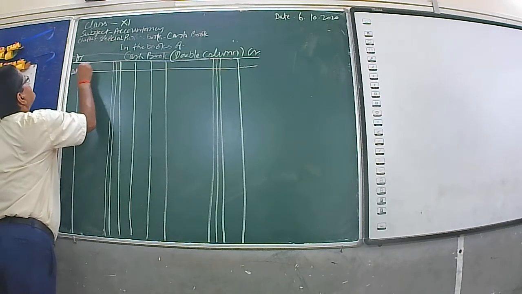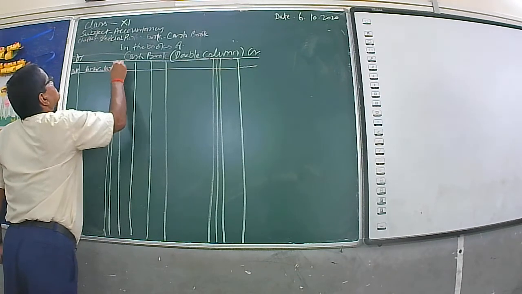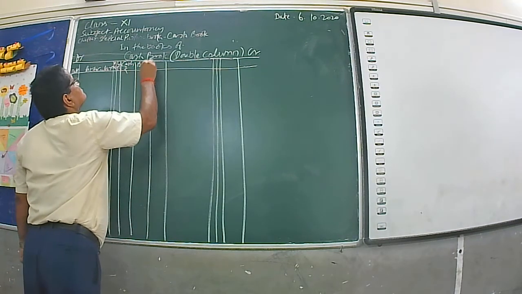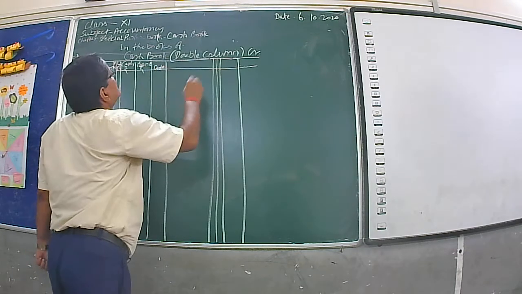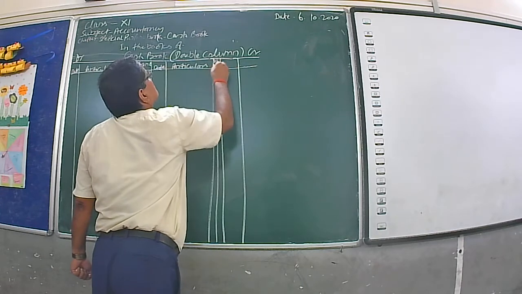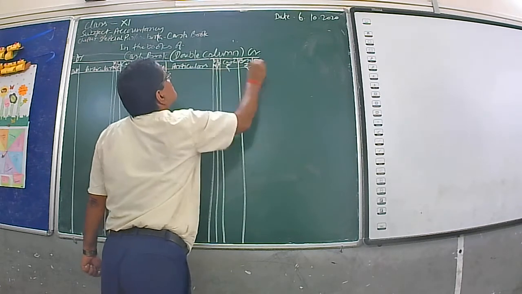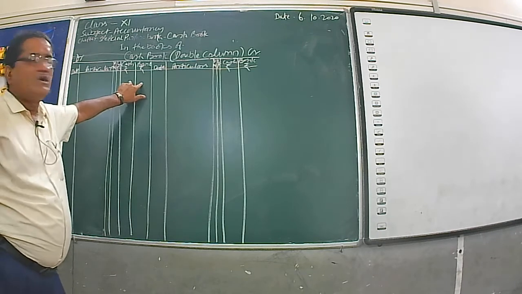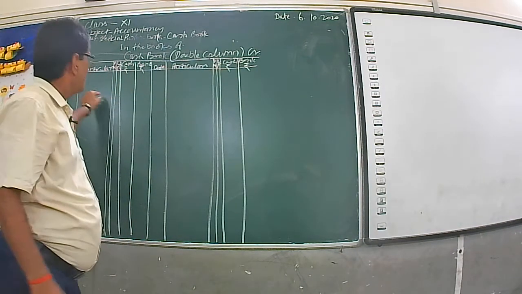First column is date, and the same columns on the credit side also. This is the format of the double column cash book. You can see two columns of amounts on the debit side of the cash book and also on the credit side. I will note down the questions one by one and record them in the cash book.